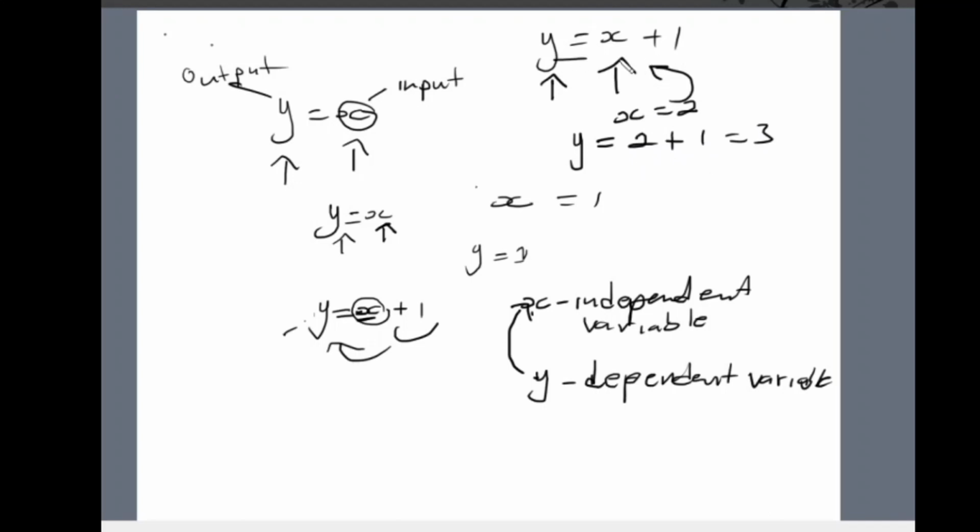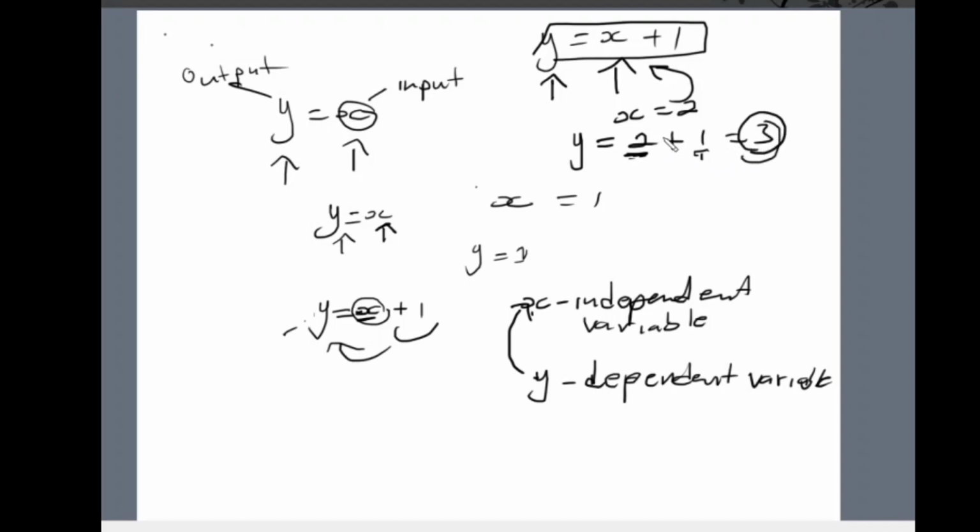So in this equation, when x is 2, you'll get that y is 3, right? So y is 3 means for an input of 2 and an increment of 1 on that input, we get an output of 3.